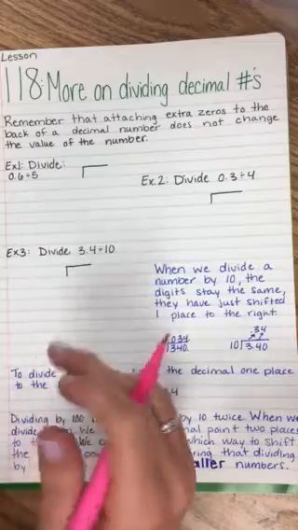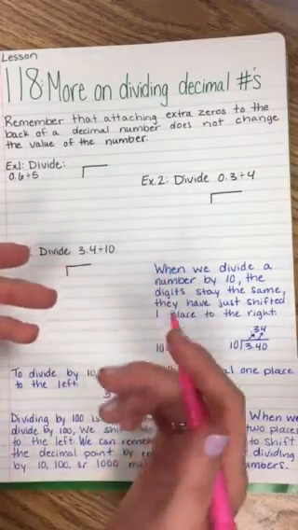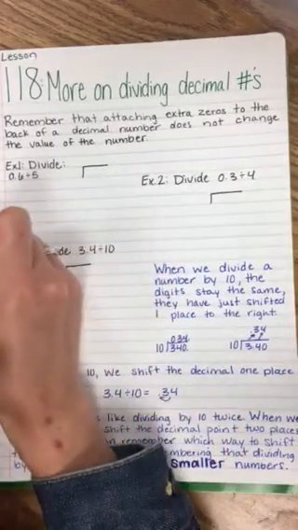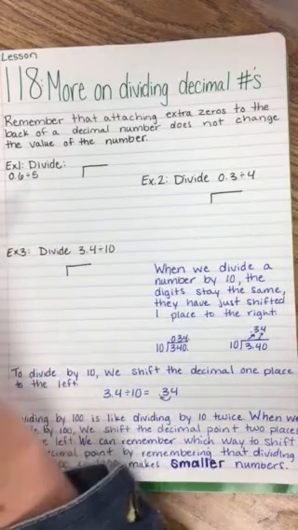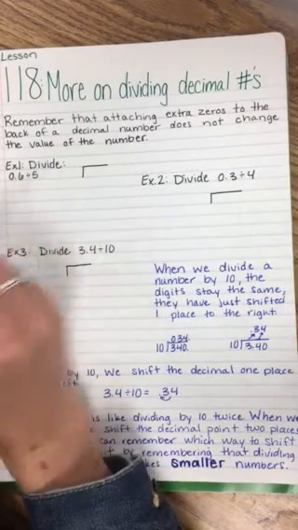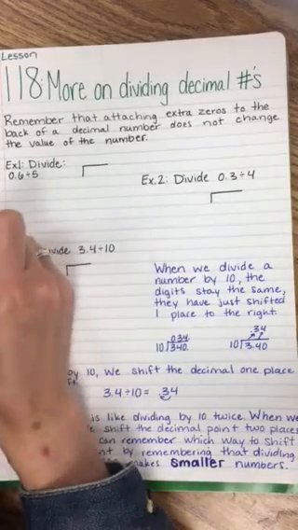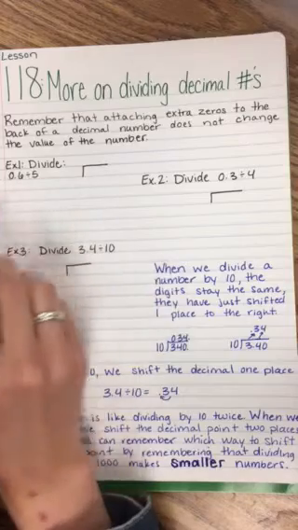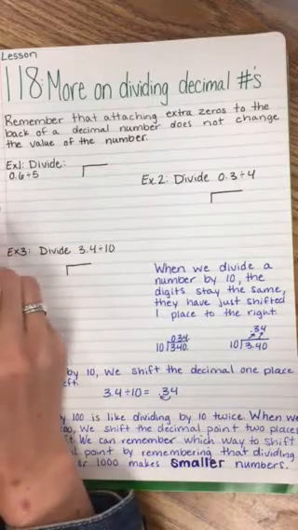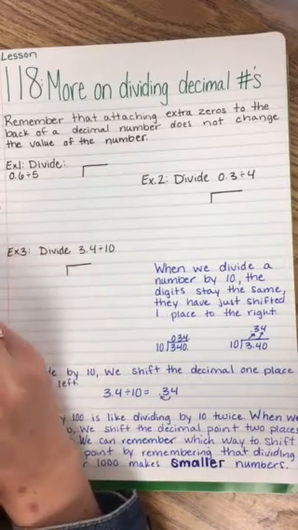Okay? It's like if you had $5 and you wrote $5, right? You could write it like $5.00. If you added more zeros, it'd still be $5. All the zeros are just saying there's a 0 in the tens place, a 0 in the hundreds place, a 0 in the 10,000s place.